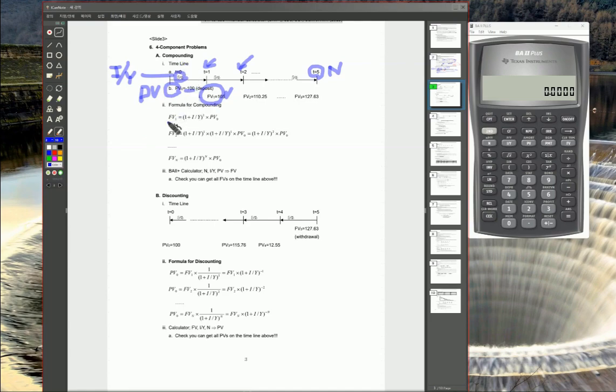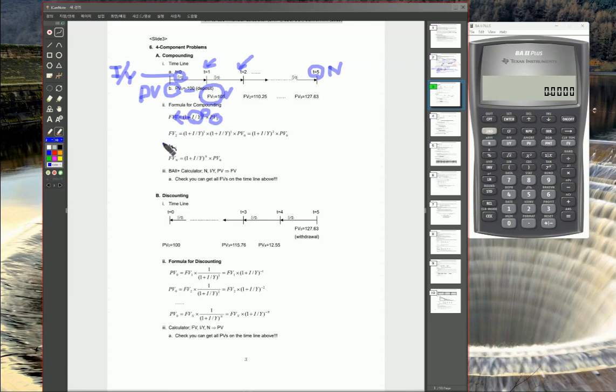From the formula in the middle, if you have a periodic rate, I/Y, the number of periods, in this case 1 period, and you have the present value, then you should be able to find out the future value at t equals 1.